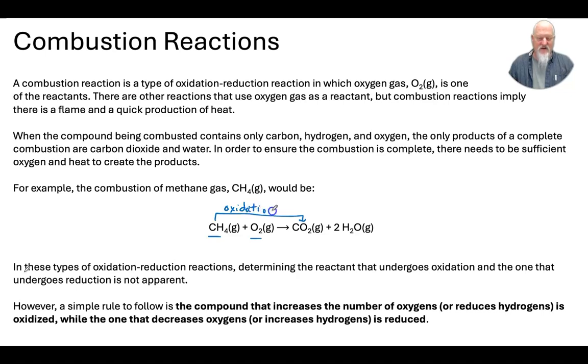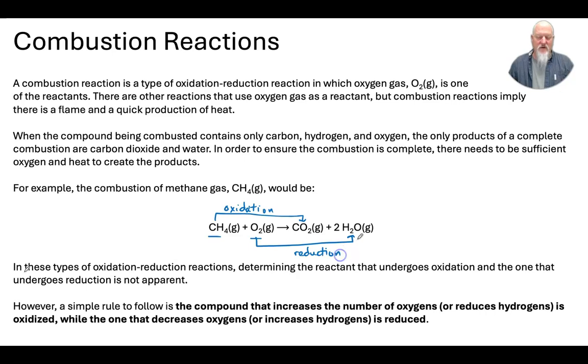That's the oxidation process. Okay, and reduction would be a decrease in oxygens or an increase of hydrogens. So if we look at the oxygen, it goes to water, and it's gained hydrogens and lost an oxygen, so that's reduction.